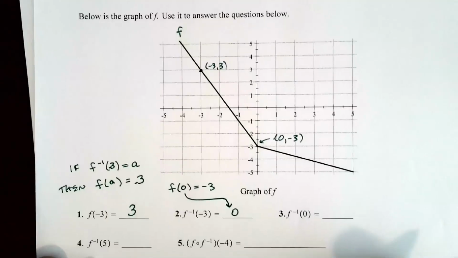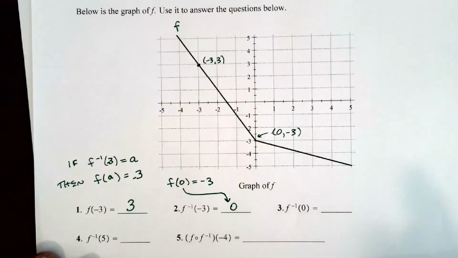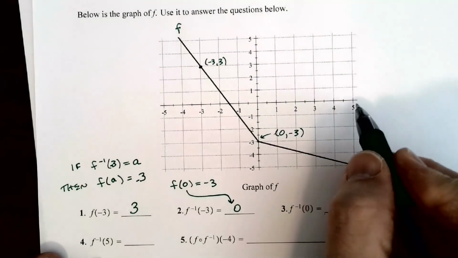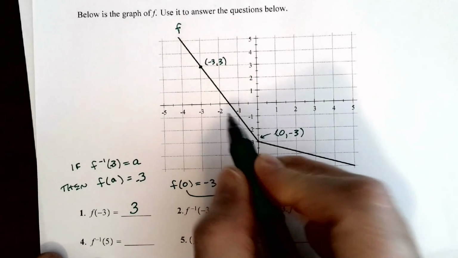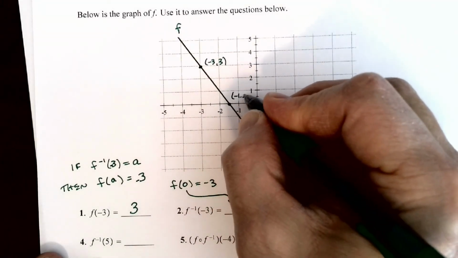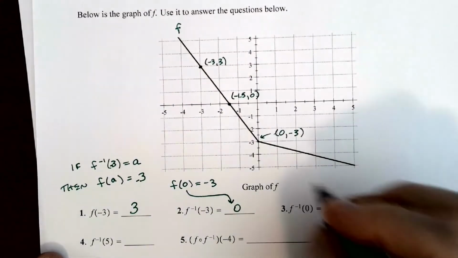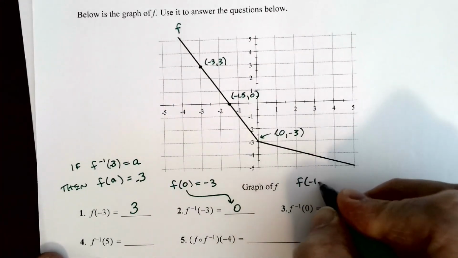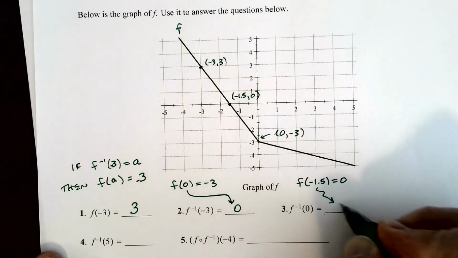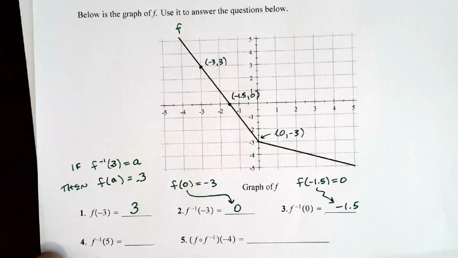I've got to do the inverse relationship. All right, let's see how to do this. f inverse of 0 is equal to what? Well, when is the output of the function f equal to 0? Right about here, at that point, which is negative 1.5 comma 0. So f of negative 1.5 equals 0. So f inverse of 0 equals negative 1.5.